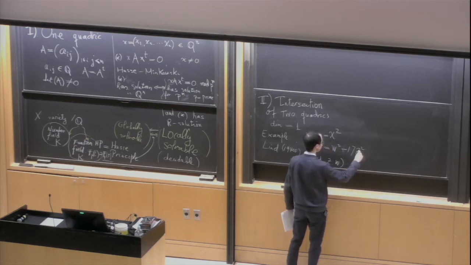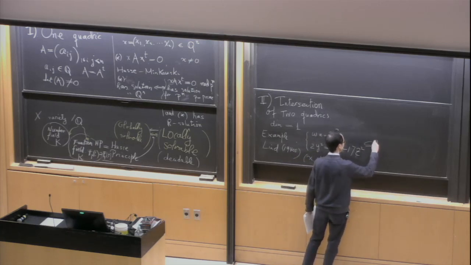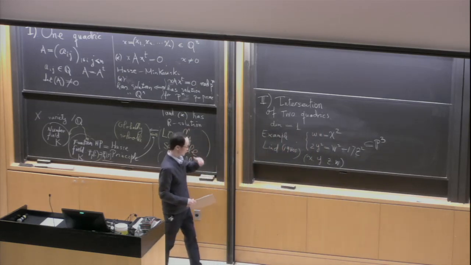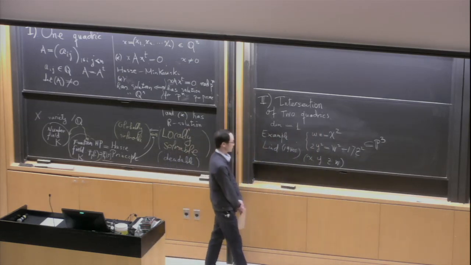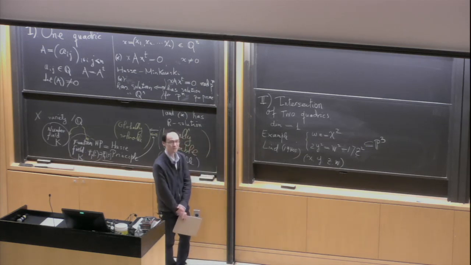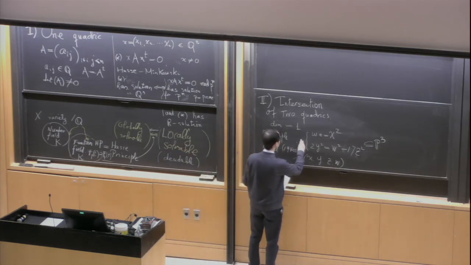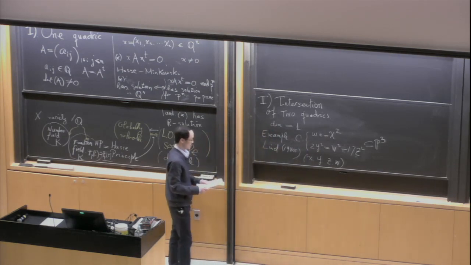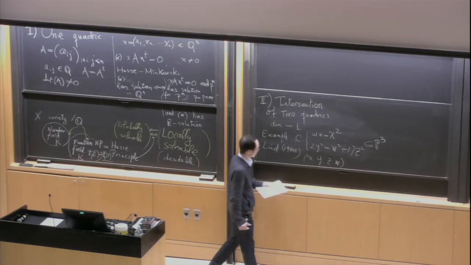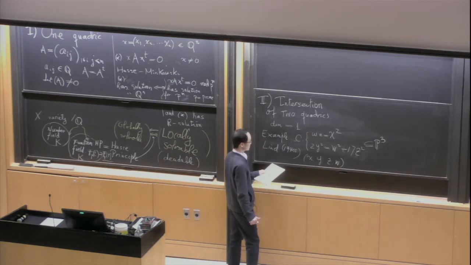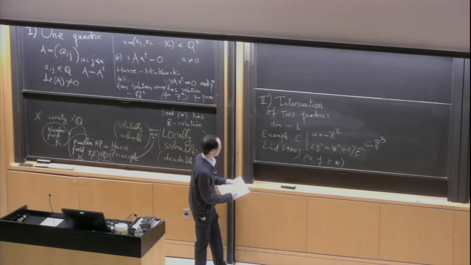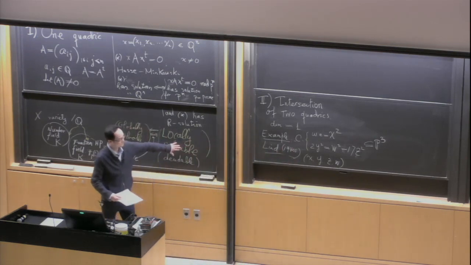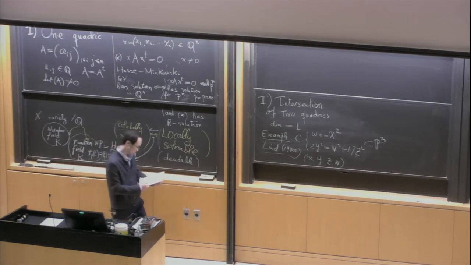I'm defining something in P3 with two quadratic equations, and you can check that it's a smooth complete intersection. The resulting curve is one-dimensional, and it doesn't satisfy the Hasse principle. In other words, it's locally solvable, but does not have a global solution.